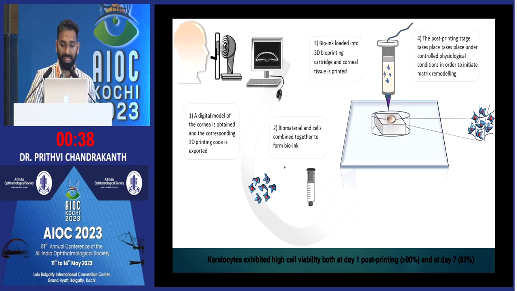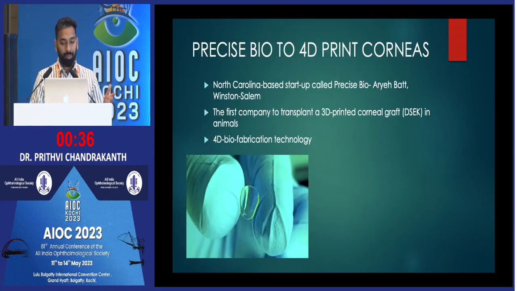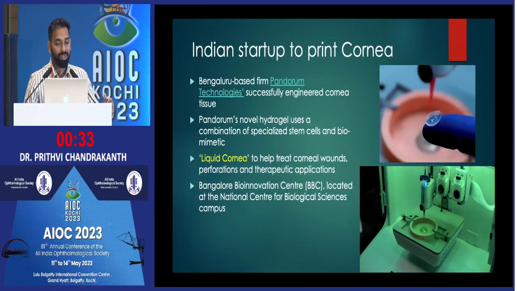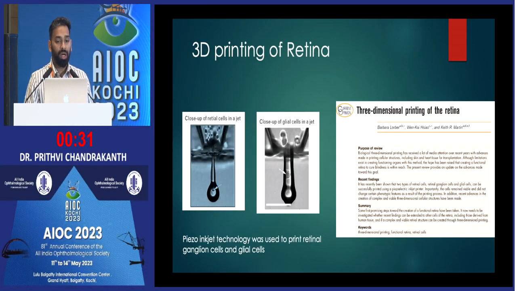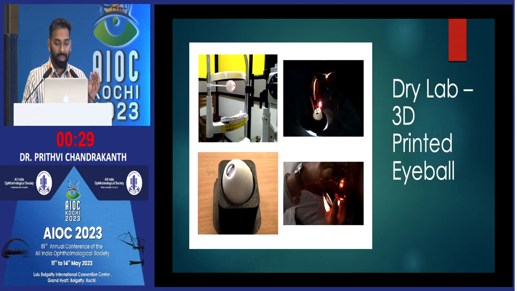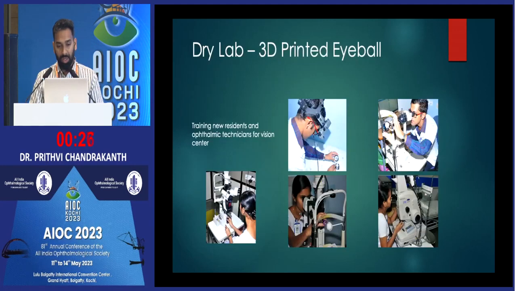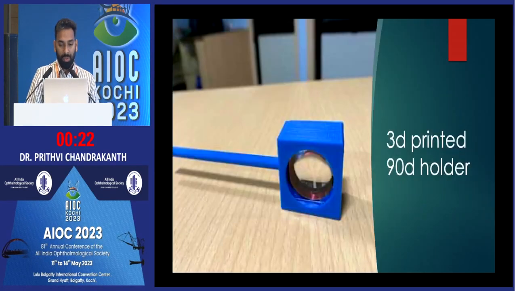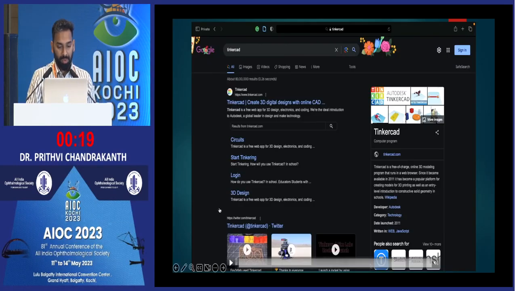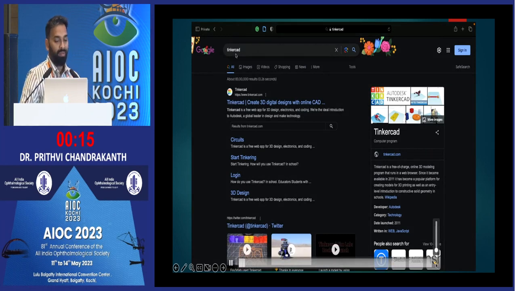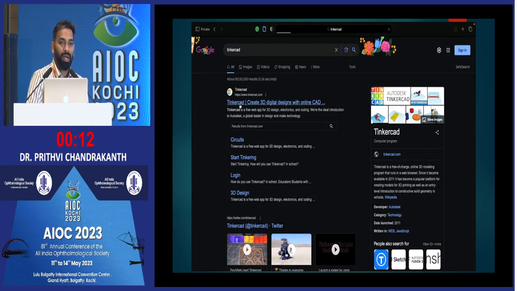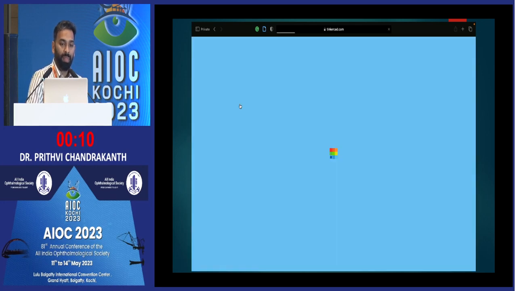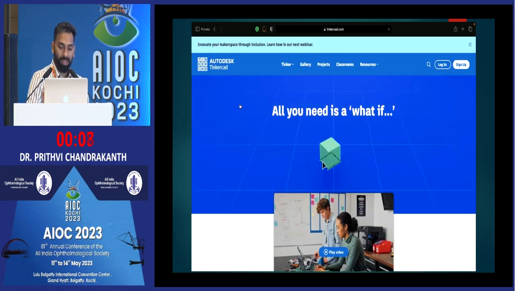So basically, the best part of this is we can actually start 3D printing ourselves by using a website called Tinkercad. So these are all the 3D printed objects, and here is a website where we can actually 3D print by ourselves. You just have to go to Tinkercad, and you can see there is a small tutorial also, and it is very simple, very easy.